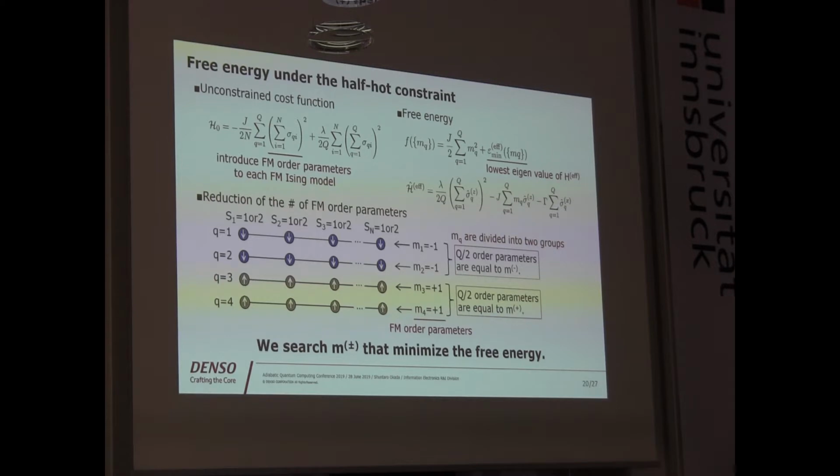Then, as is the case under the one-hot constraint, we reduce the number of ferromagnetic order parameters using the symmetry of the system induced by the half-hot constraint. In this case, we assume Q/2 order parameters are equal to m-, and the rest of the ferromagnetic order parameters are equal to m+. Then, we search for m± that minimize the free energy.